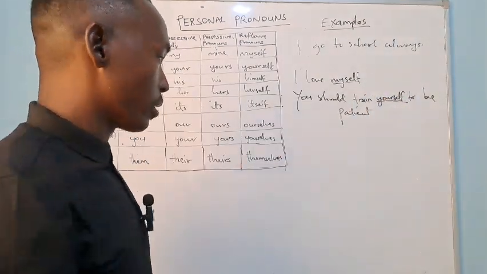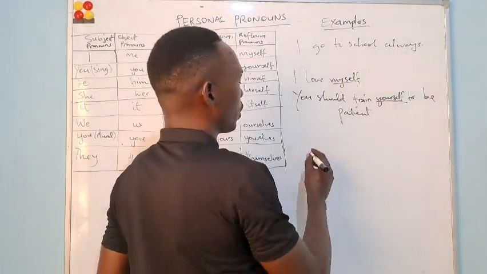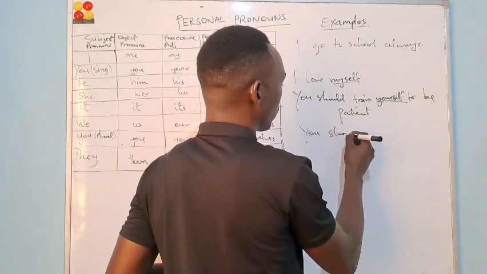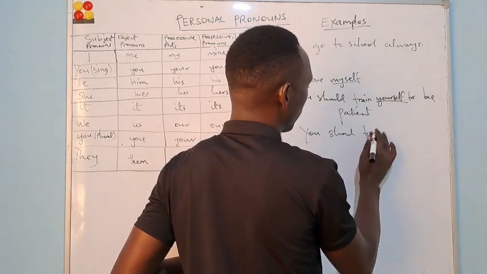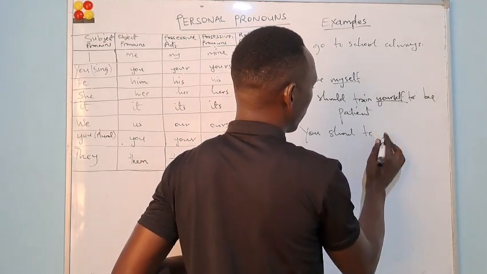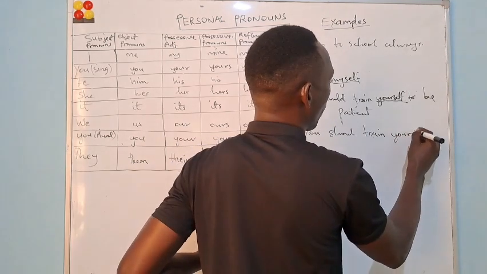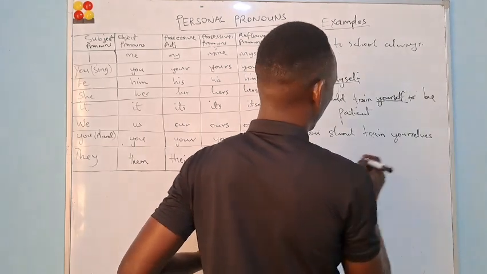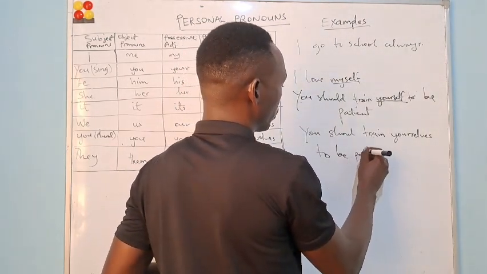For example, here you can say this is singular, okay? But for the plural, you can say you should train yourselves to be patient.